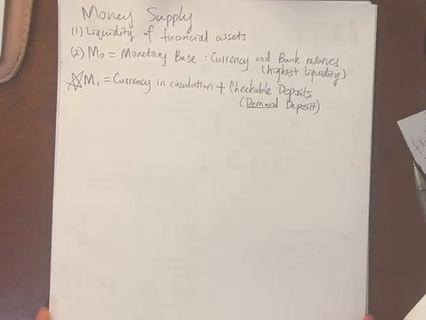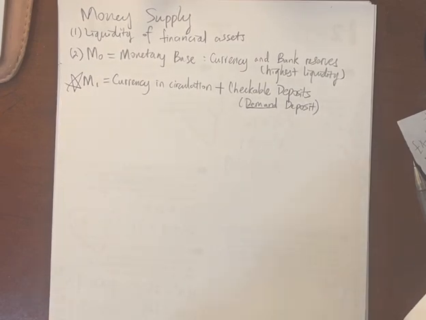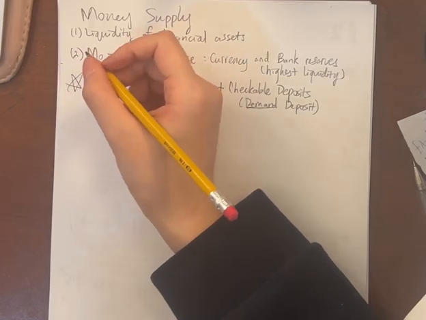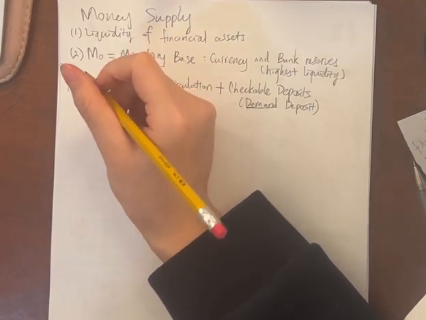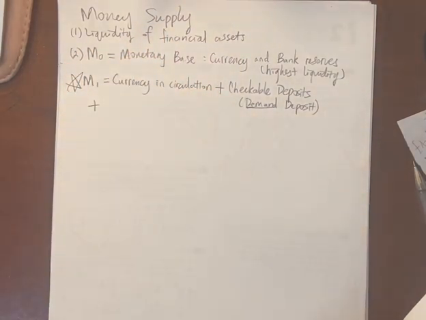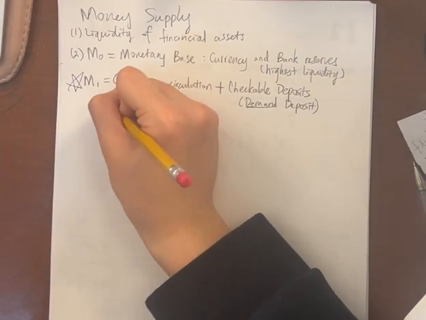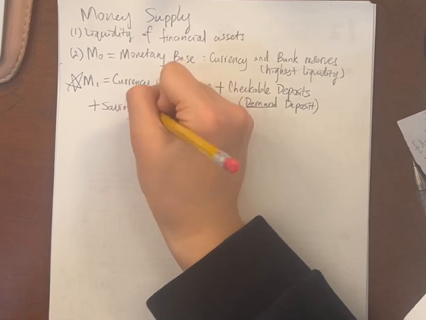Checkable deposit means the money that you put into the bank for savings, and you have to use checks to pay in order to get it out. I don't think the people watching my videos don't have a bank account, but if you don't, you're probably not familiar with this term, so I'm just going to briefly explain it in case you've never heard it.